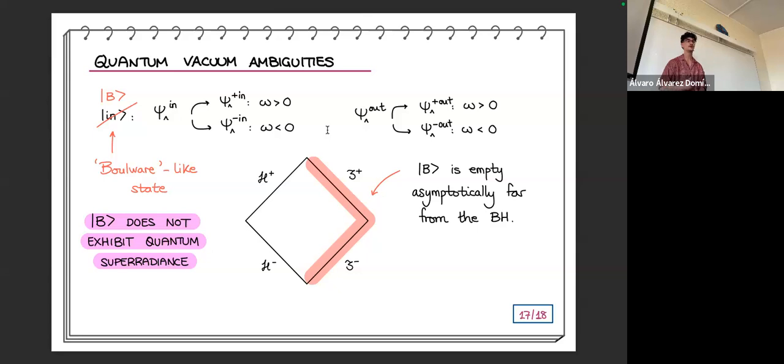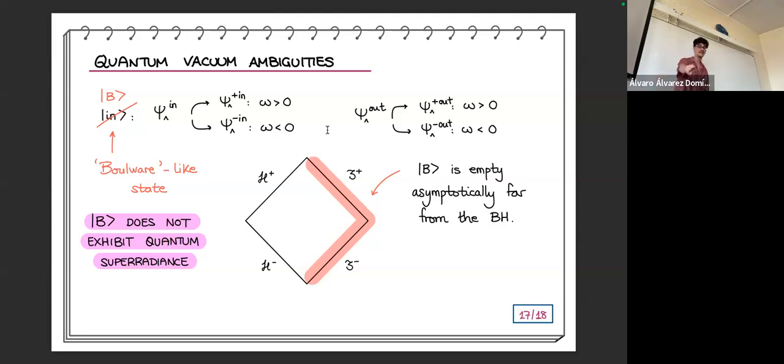However, this quantum vacuum is a bit weird, and it doesn't behave well at the outer event horizon. Basically, this quantum vacuum is not properly defined. Actually, in the case of scalar fields, this cannot be defined. It's not that it doesn't behave great, it's just that it doesn't make sense. It breaks all the rules.